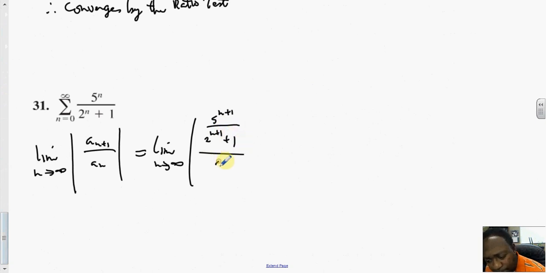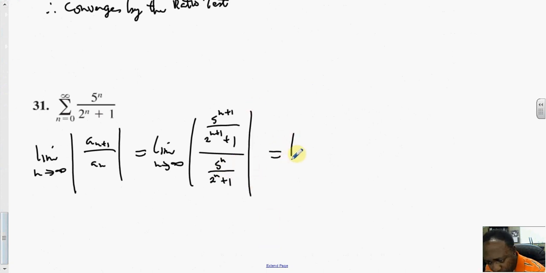That's divided by 5n over 2n plus 1. I think I've written that right.